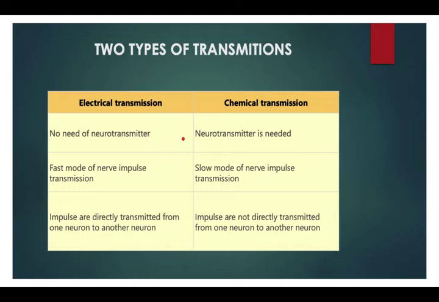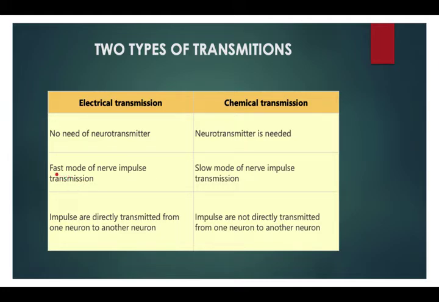Now, what is the basic difference between these two types of transmissions through our nerves network? In electrical transmission, no neurotransmitter is required, while in chemical transmission, neurotransmitter is needed in between the synapse, or the junction between two neurons, or junction between a muscle and a terminal end of the neuron.